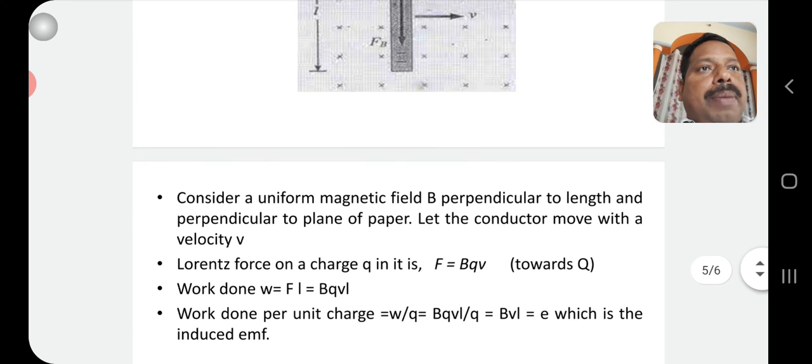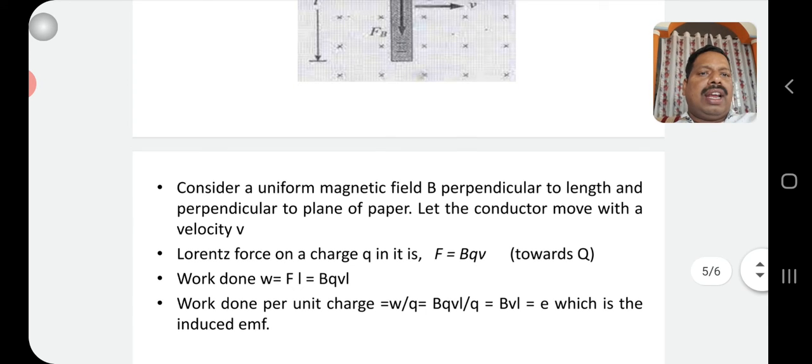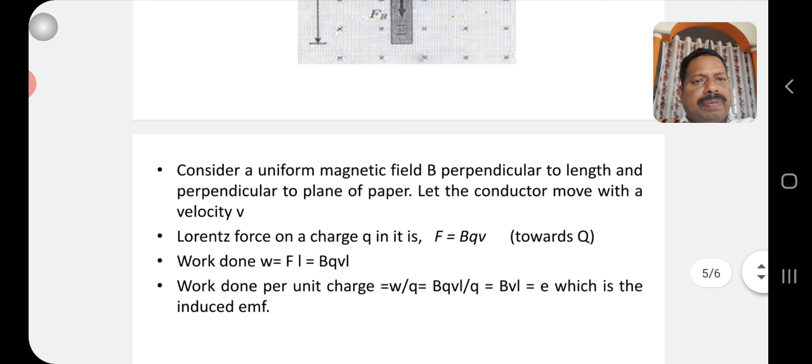So the measurement of this induced EMF can be done by using the concept of Lorentz force. From the Lorentz force equation we may obtain the expression for the magnetic force experienced by the electrons moving inside the conductor. Here only the magnetic field is present, the electrical force is absent.